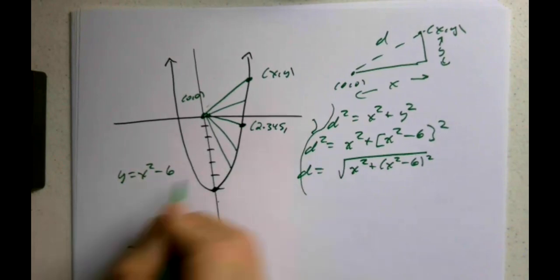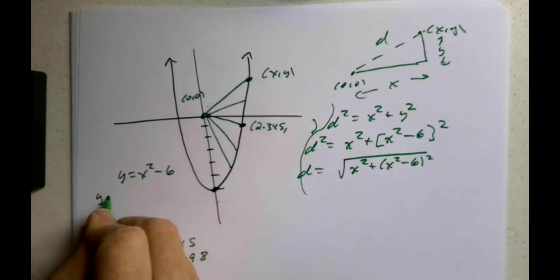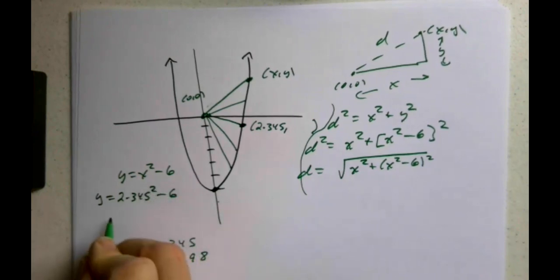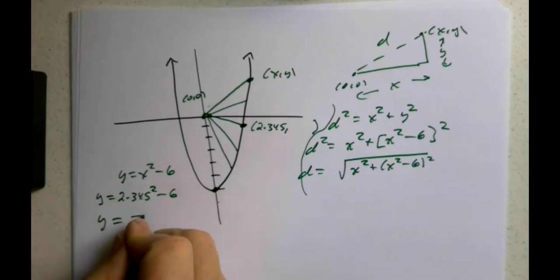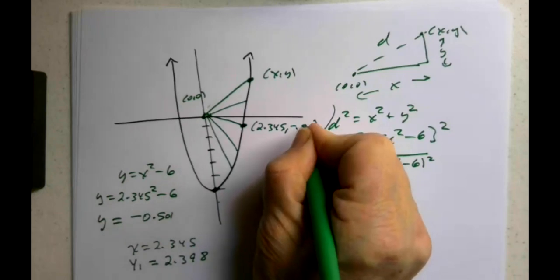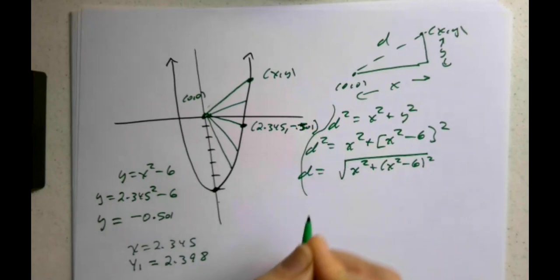So Y is 2.345 squared minus 6. What does that give me for Y? 2.345 squared minus 6 gives me about negative 0.501, which I could believe. Just a little bit shy of the axis.